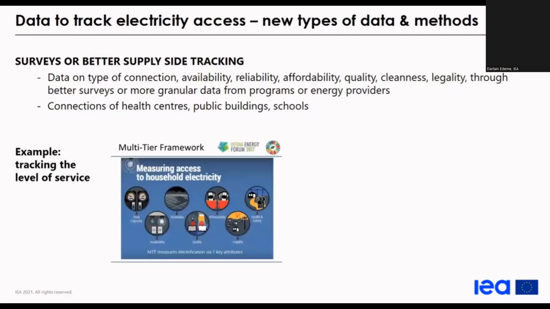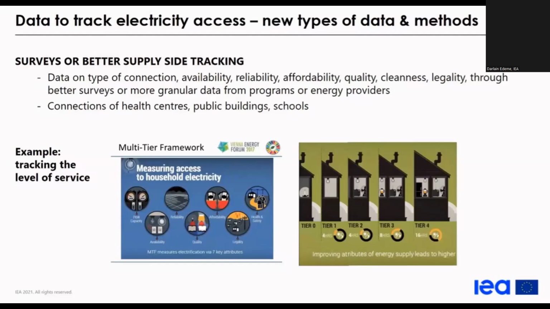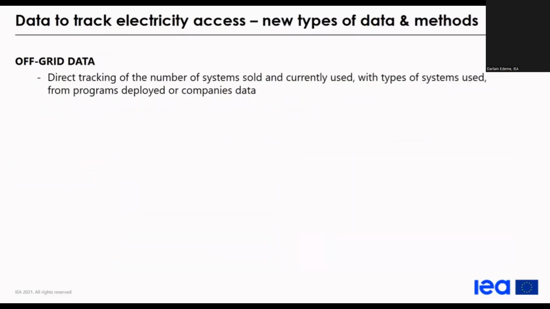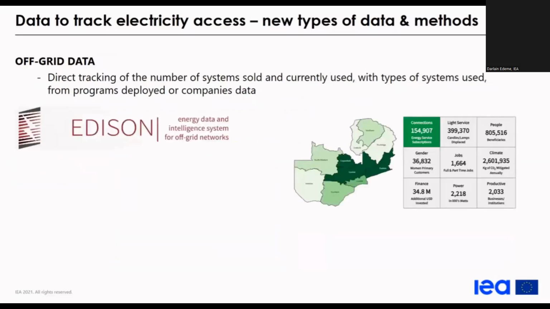One example developed by the World Bank is a multi-tier framework, so it's still relying on surveys and it enables us to understand different tiers or levels of service of access to electricity rather than a binary information of whether a household has or has not access to electricity. There is also increasingly off-grid data which is being developed and which is feeding some consolidation and data tracking systems.